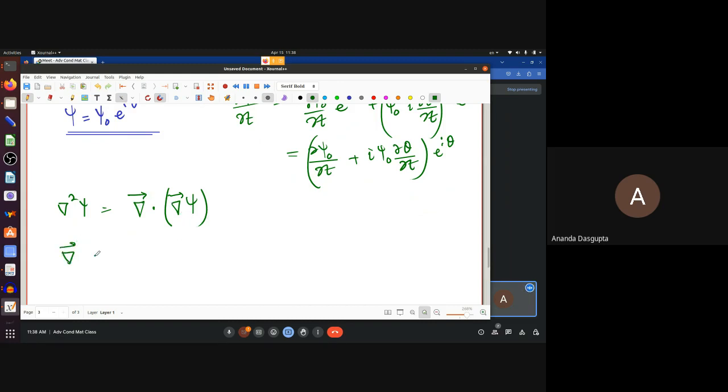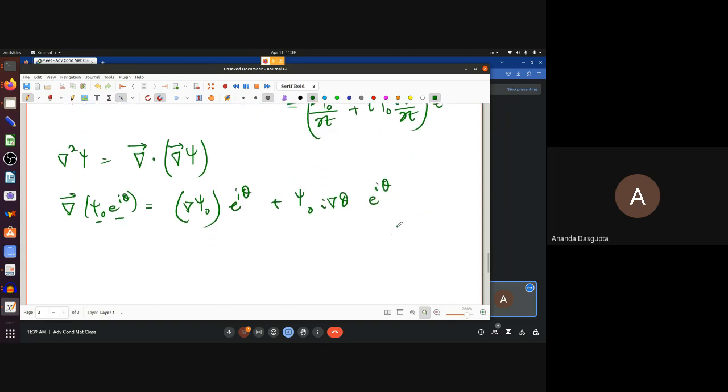First, let's look at the gradient. Now, this is a gradient of a product of two scalar functions, psi 0 and e to the i theta. And for that, we have very simple rules, like ordinary differentiation. Grad of e to the i theta is i grad theta e to the i theta.